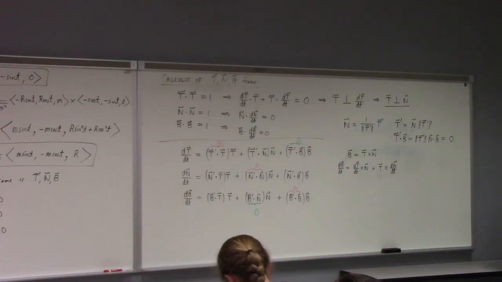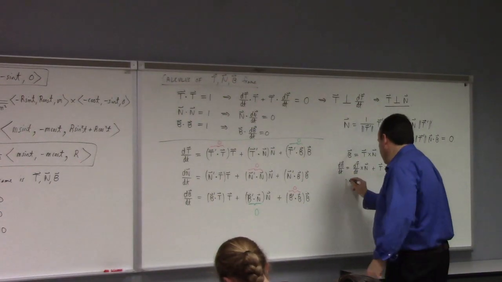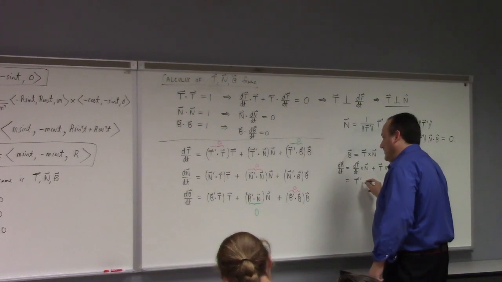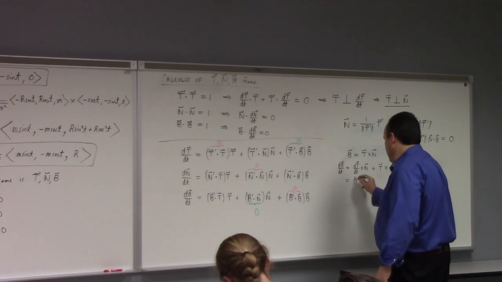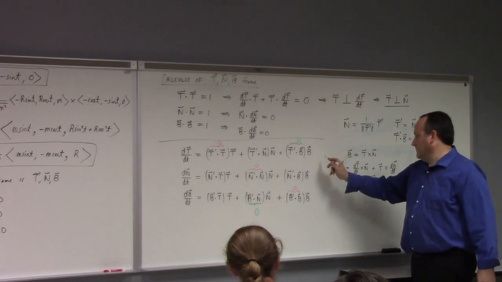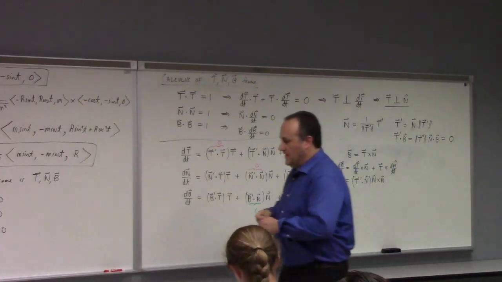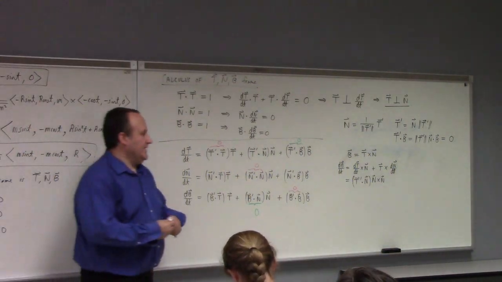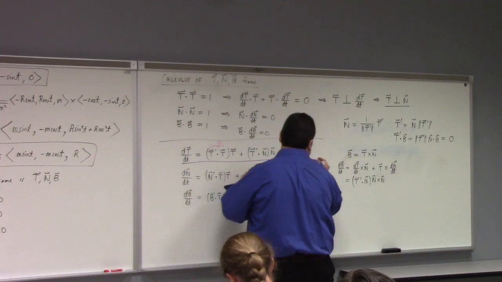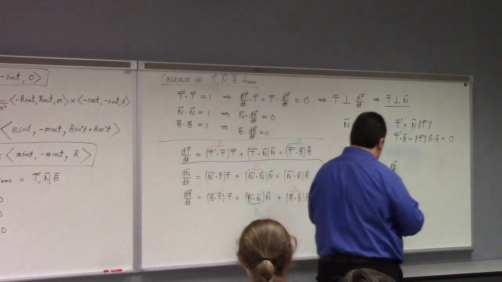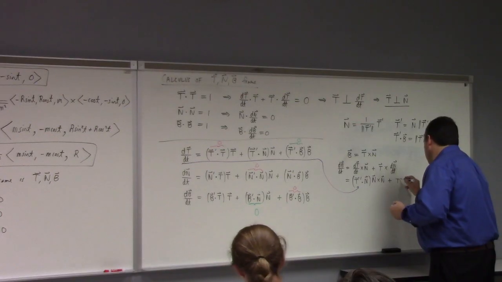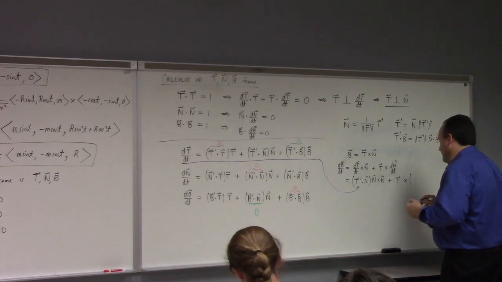But we already know that dt dt is just t prime dot n times n cross n. I'm using the calculation we've already done to simplify that. And then I've got plus t cross dn dt.